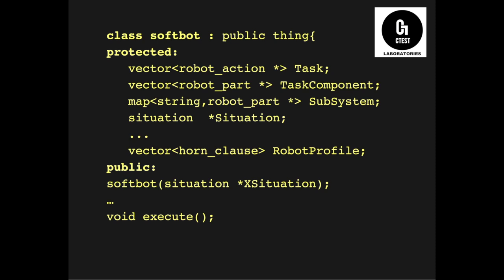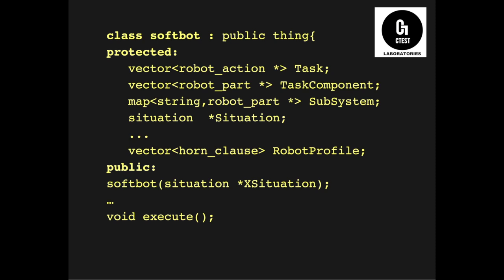It's based on a need type situation. So we have that going on, and then we're able to capture the robot parts in a subsystem structure, and each of those parts are named. But I want you to notice where we have a pointer to the situation here.